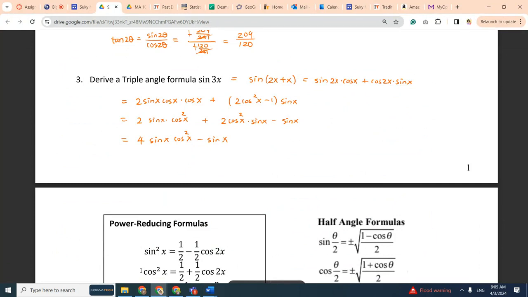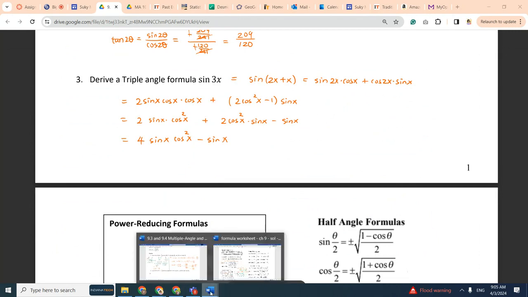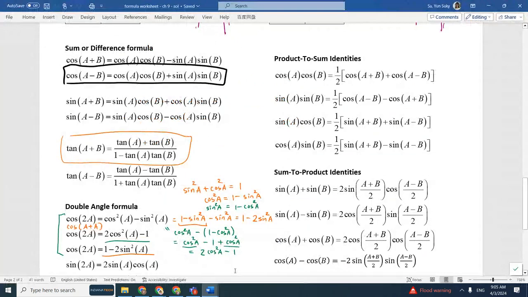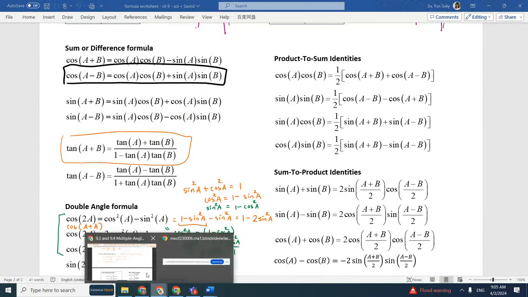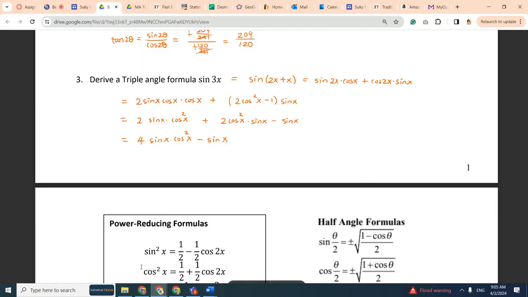Then, what is sine 2x? We use the double angle formula: sine 2x is 2 sine x cosine x. So we plug this in. And then, how about cosine 2x? We have 3 equivalent forms, and you can use any one of them.